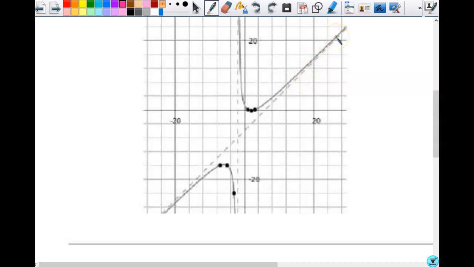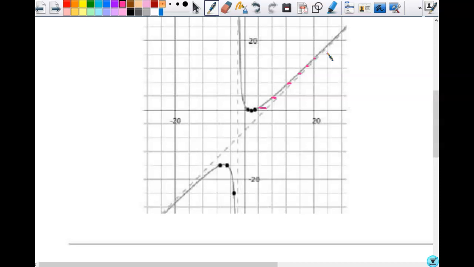Down here, this is the distance from the function to the asymptote, and it's getting closer and closer as it goes. It might cross it and come back, but when we're talking about end behavior, it would still be approaching and wouldn't be right on top of it.